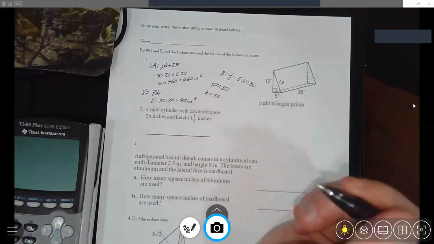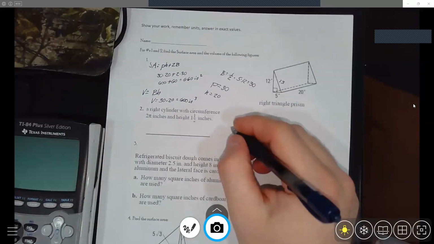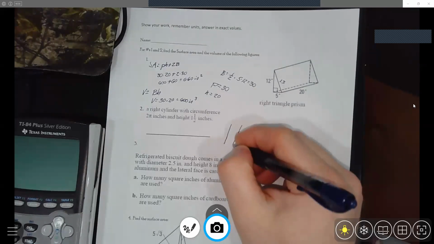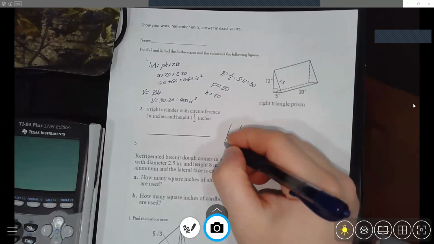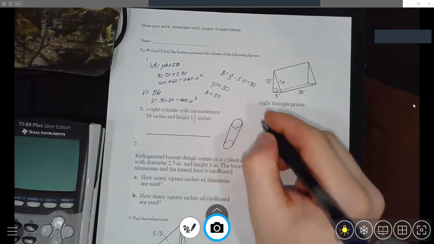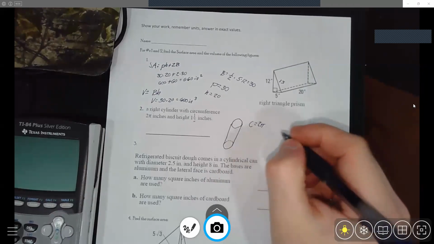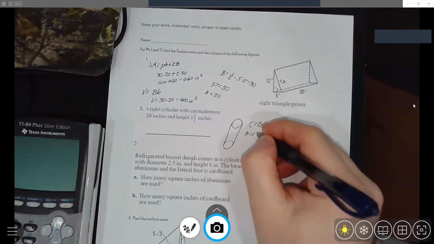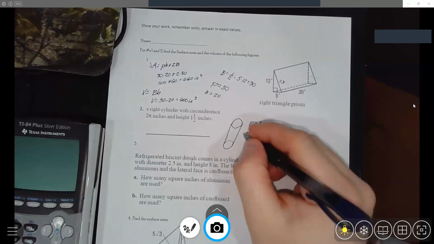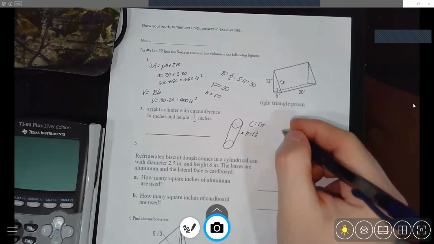Okay. Number 2, a right cylinder with a circumference of 2 pi inches. So we'll draw our cylinder here. So we're told circumference is 2 pi and has a height of 1.5. And we need to find surface area and volume.